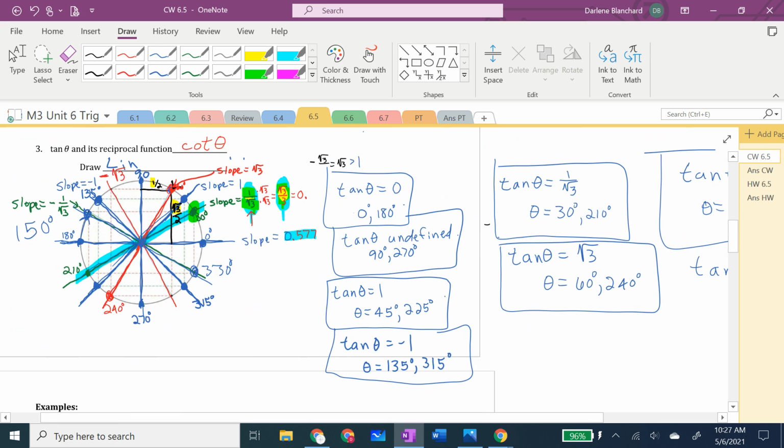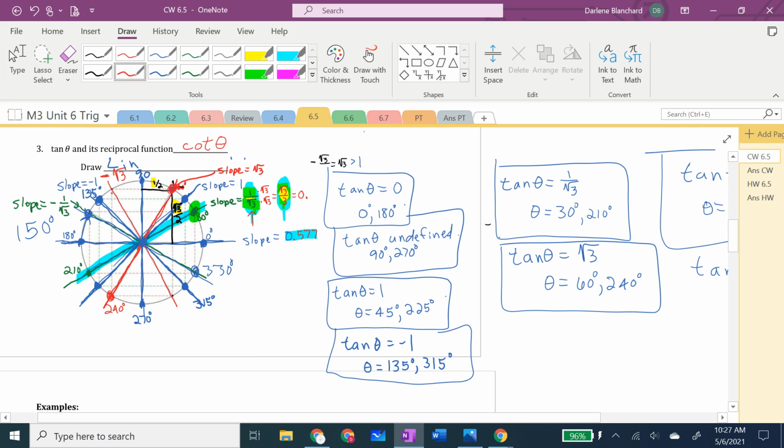And then for the negative root 3, the steeper negative slope goes through the angles 90 plus 30 degrees and 270 plus 30 degrees.